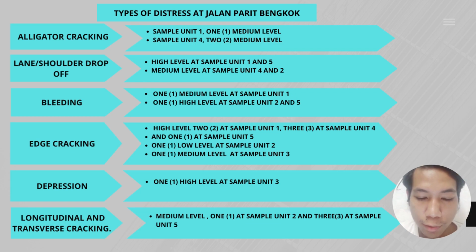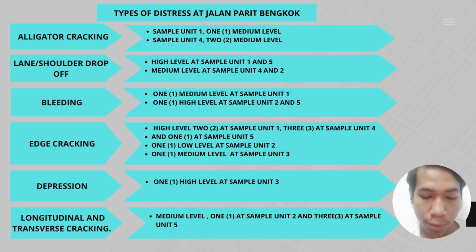Third is bleeding, 1 medium level at sample 1, 1 high level at sample units 2 and 5. Fourth is edge cracking, high level 2 at sample unit 1, 3 at sample unit 4 and 1 at sample unit 5. And have 1 low level at sample unit 2 and 1 medium level at sample unit 3.